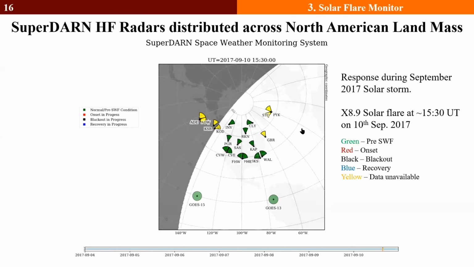And you can clearly see the progression of these phases, from green to red to black and blue. I skipped the black and blue because the movie is really long. So you can clearly see the transition from green to red to black, and the progression from east to west.